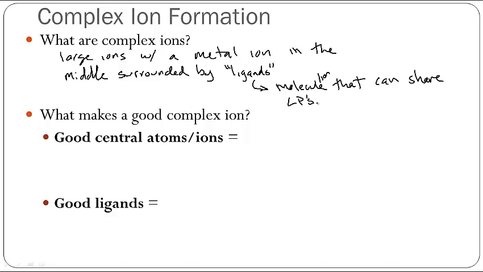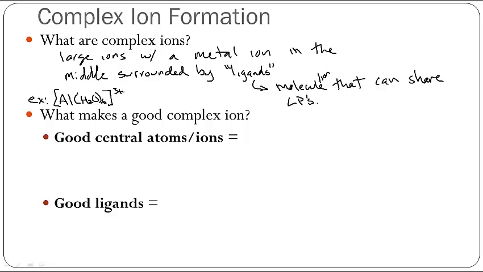So the metal ion is positive. It's attracting the lone pairs from a molecule or ion, and they actually stick together. You saw one of these a bunch in chapter seven, maybe not a bunch, but aluminum. Why is aluminum acidic in water? Right.